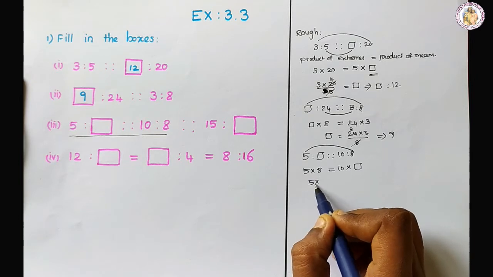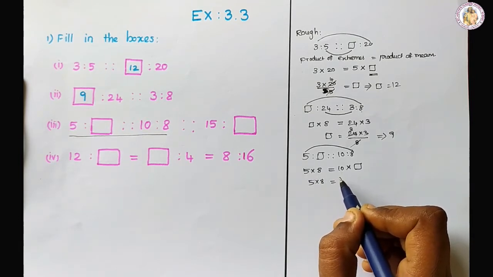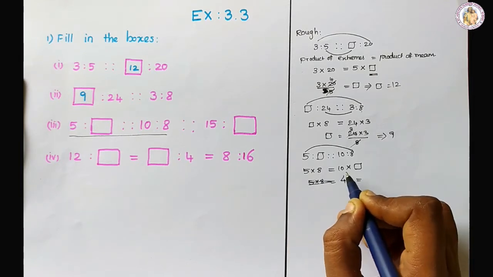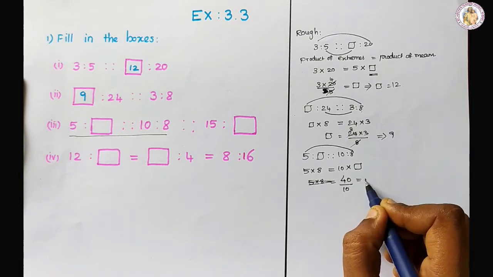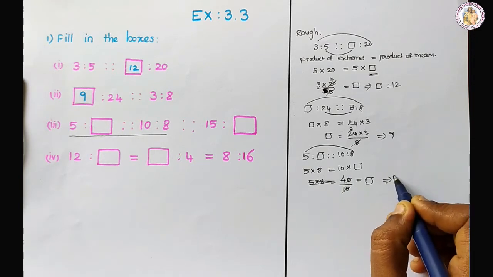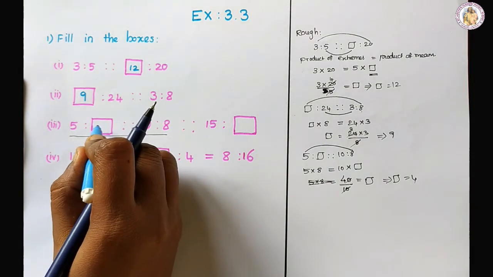So 5 into 8 is 40 equals, here 10 is in multiplication, bring this side means division, that box. So 4 times, box equals 4. So the value is 4.